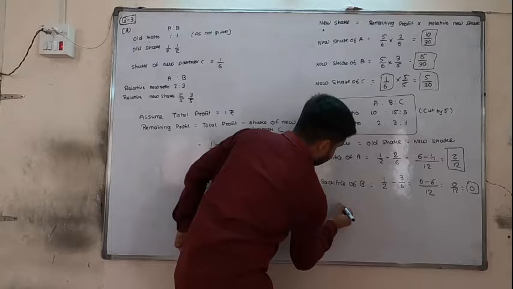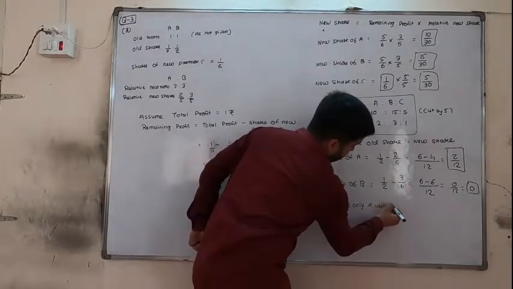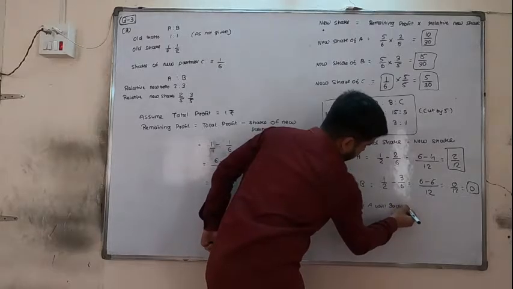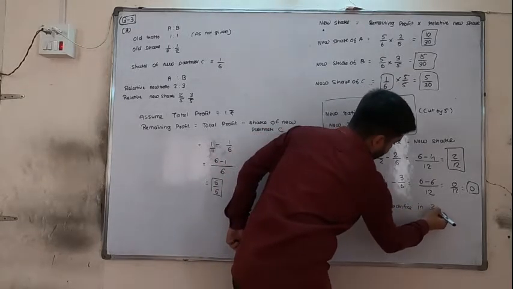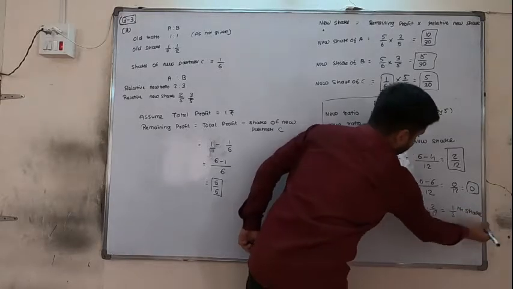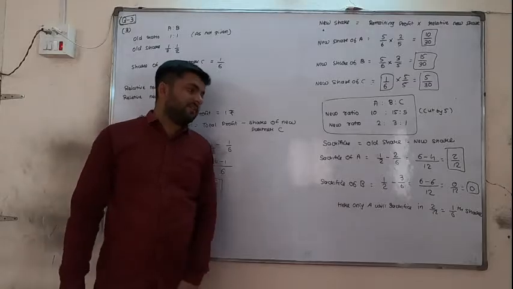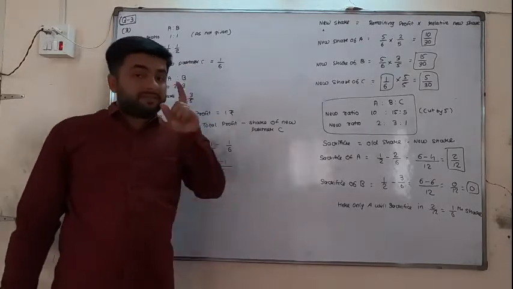So we can say that here only A will sacrifice 2 by 12, or if we cut, 1 by 6th share. Here only A will sacrifice, because B is not sacrificing. Now see, we can check also.